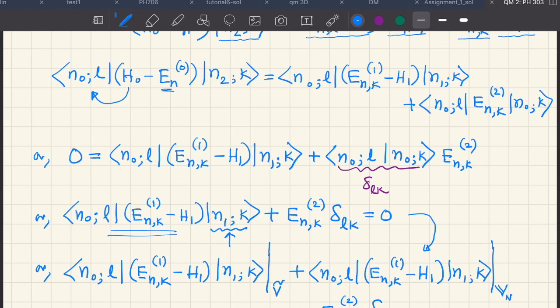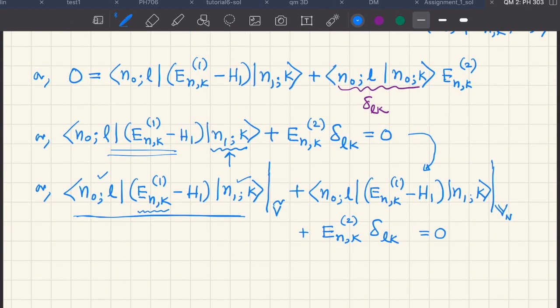Now again, in this first term here, if you look carefully, this E_n^(k,1) is just a number, and n0L and n1k: n0L is in the degenerate subspace and n1k, this one along V tilde, is in V tilde, and therefore the n0L n1k inner product will be 0.